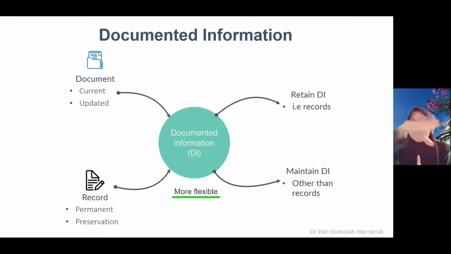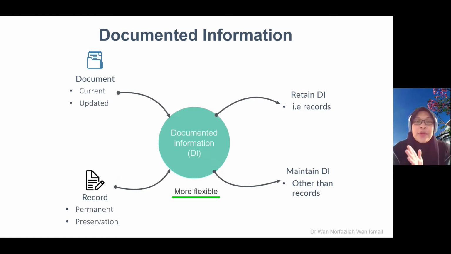Tapi dia kena bagi tahu semua employee. Tak bolehlah leader seorang je tahu, tahun ni kita nak capai 90% customer satisfaction, sebab dia involve all the operation, all the people in the company. So he needs to give this information or objective to everybody. So how to give the information?